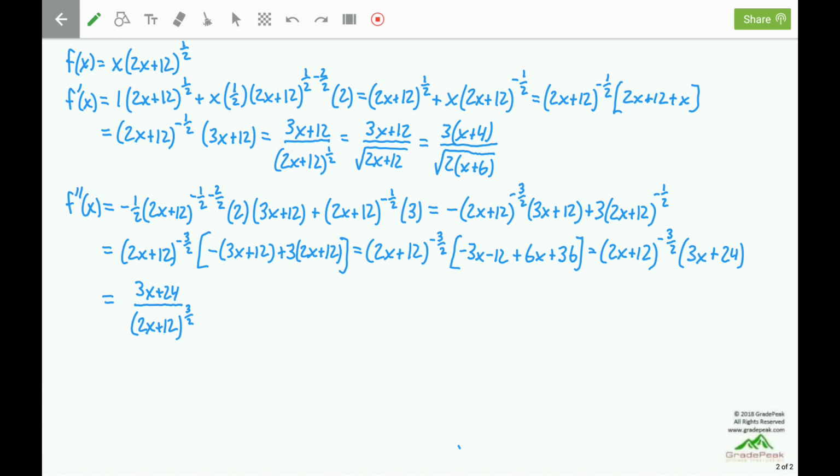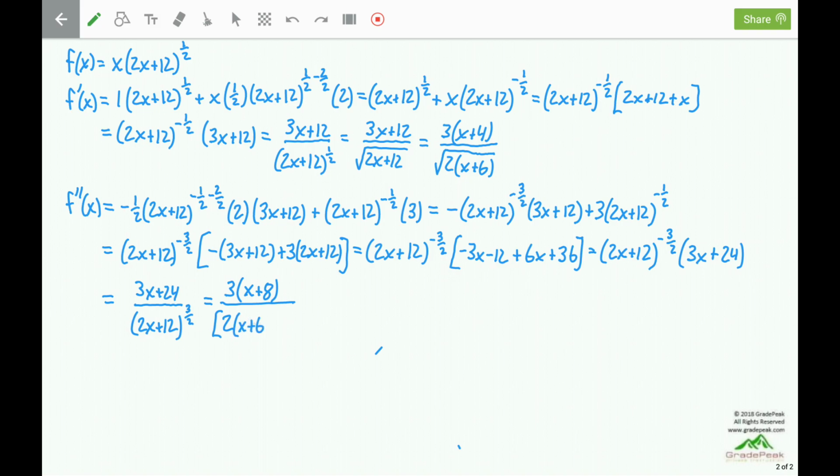We want to fully factor the second derivative. In the numerator, there is a common factor of 3. Factoring that out will leave behind an x plus 8. In the denominator, there is a common factor of 2, though it's not a perfect square, so it cannot come outside of the 3/2 power, which means third power but square root.